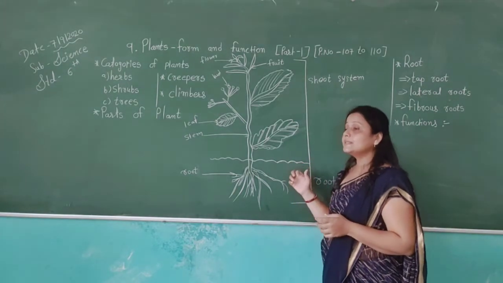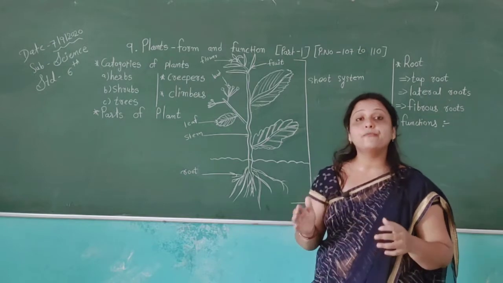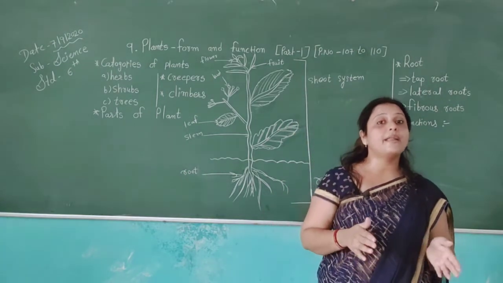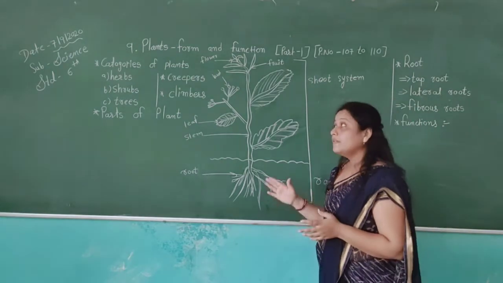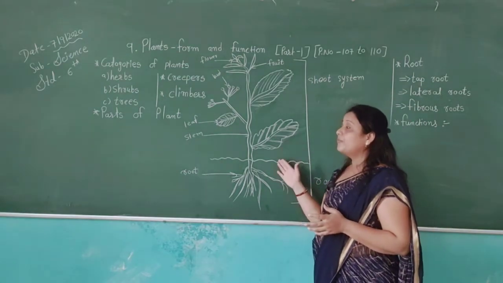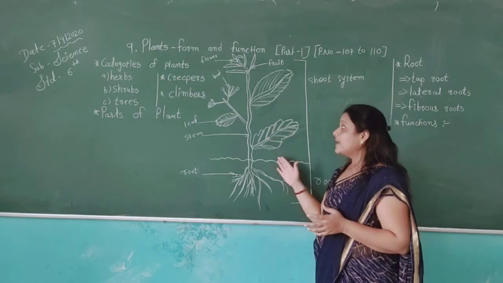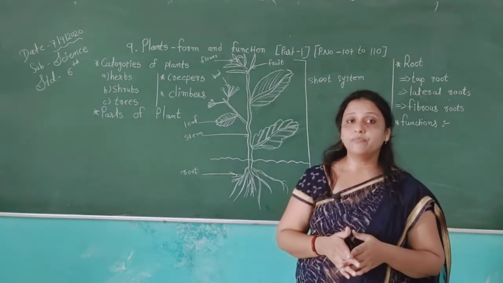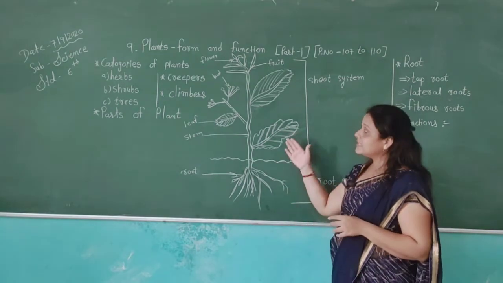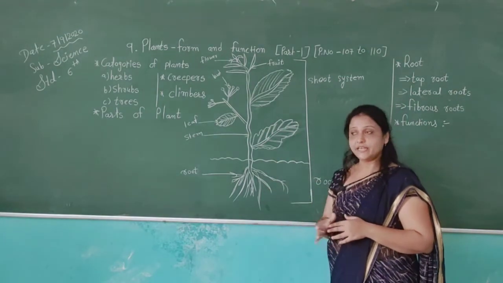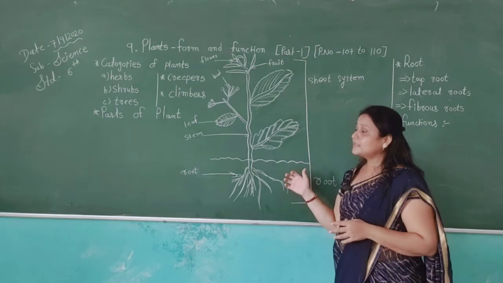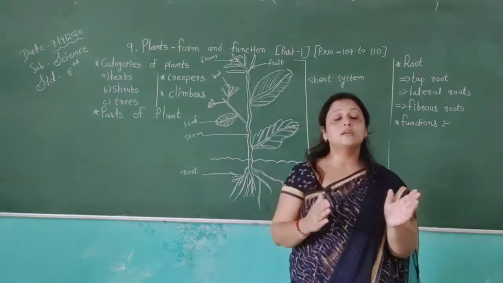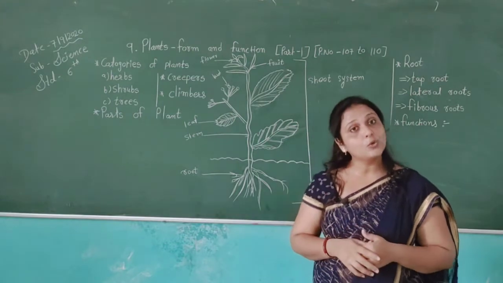Using sunlight, carbon dioxide, and water, they make their food for themselves, and they store their food in starch form and use this food when they need it. So in all plants, the photosynthesis process is going on. The color of the leaf is green because of the chlorophyll.